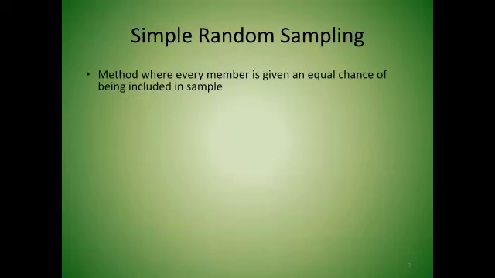This is one of the most commonly used methods, and it is very useful if you want to obtain a sample that, in the aggregate, is representative of many characteristics of members of the population. Simple random sampling is the method where every member of the sampling frame is given an equal chance of being included in the sample.